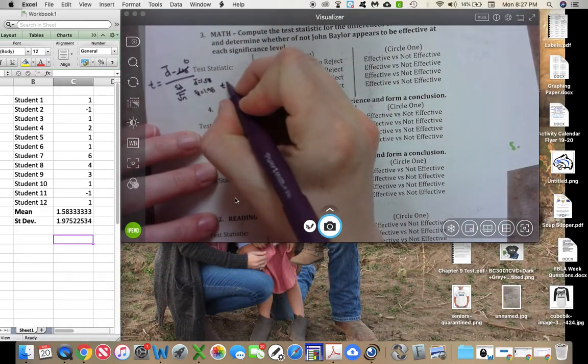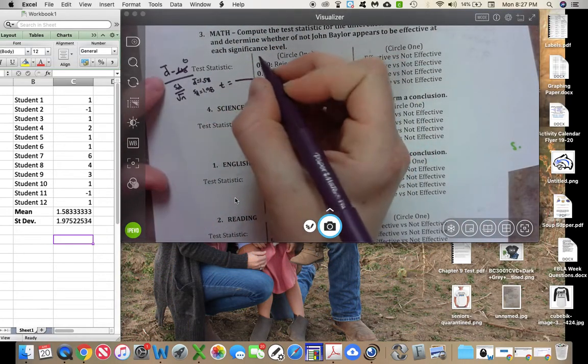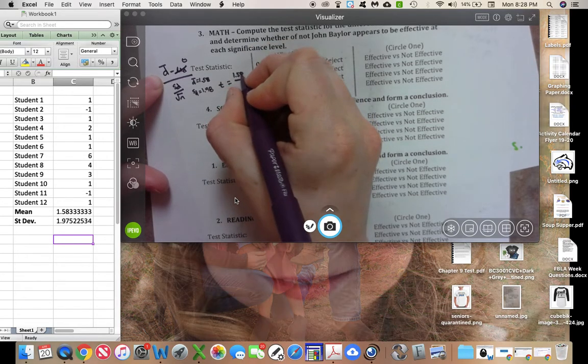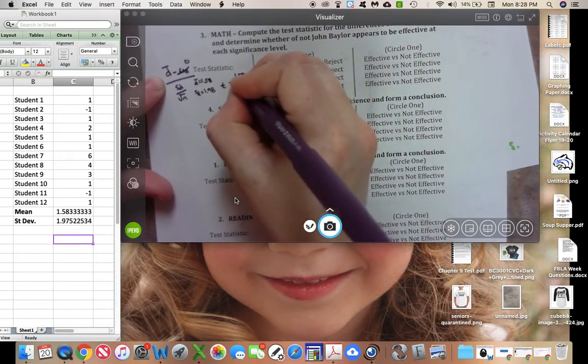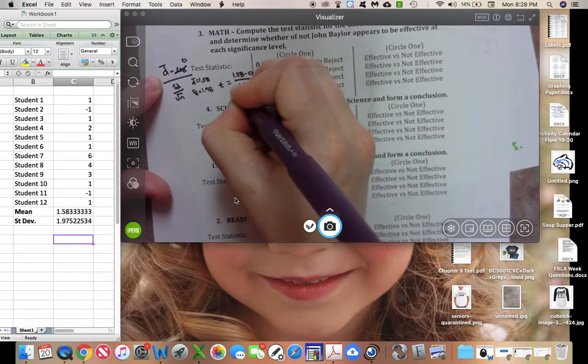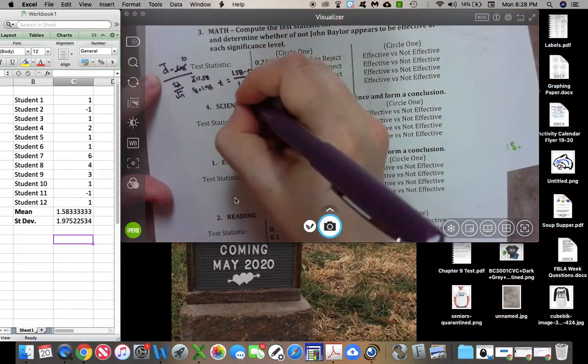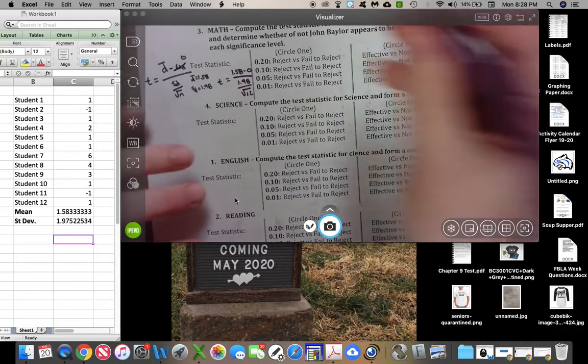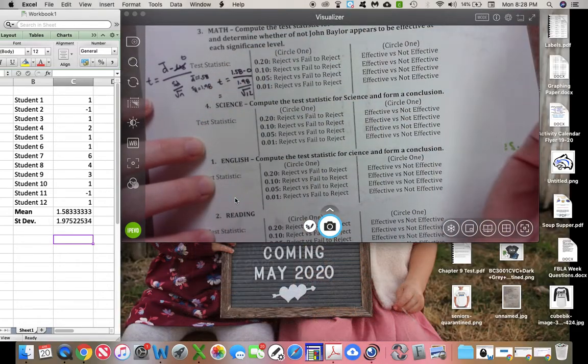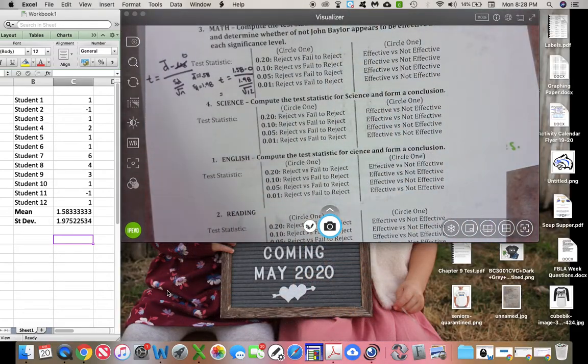Okay, so according to my test statistic, we do D bar 1.58 minus 0 over the 1.98 and the square root of n, and n is 12 still, because we solved those 12 students, okay? So I'm going to calculate.